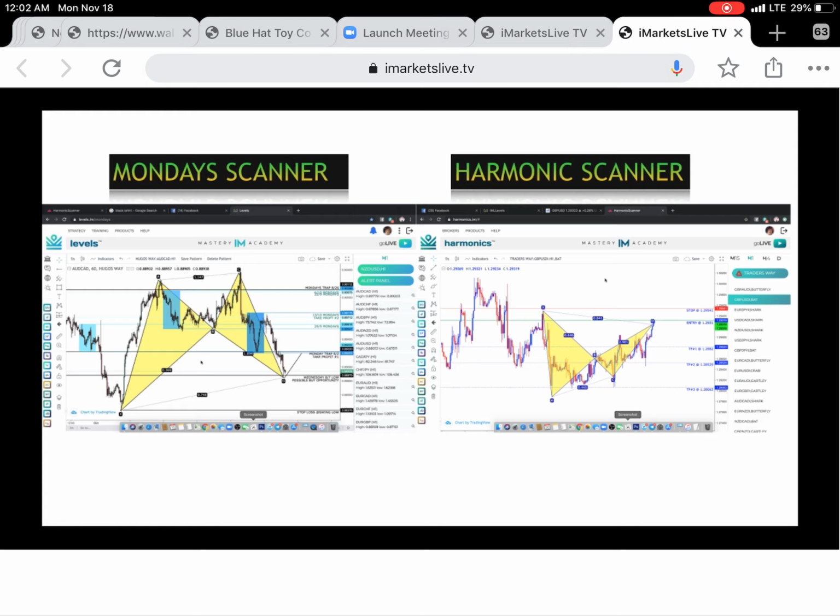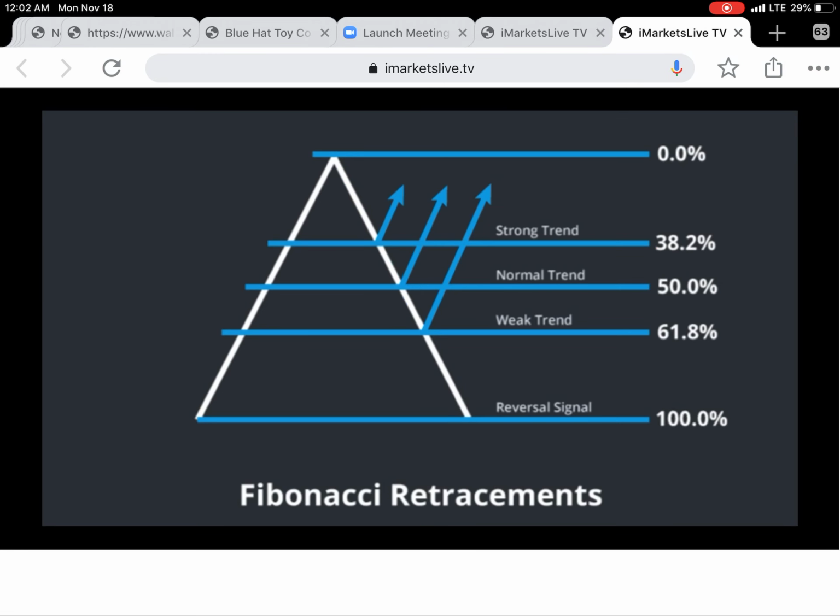Another tool that we're going to be using alongside this system is called the Fibonacci tool. This is definitely something that you want to write down. With the Fibonacci retracements, notice how it looks like the letter A, and you see the little arrows pointing up.